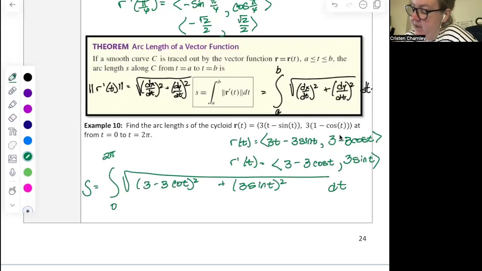If I multiply this out, I've got 9 minus 6 cosine t plus, nope, not 6, 12, goodness.